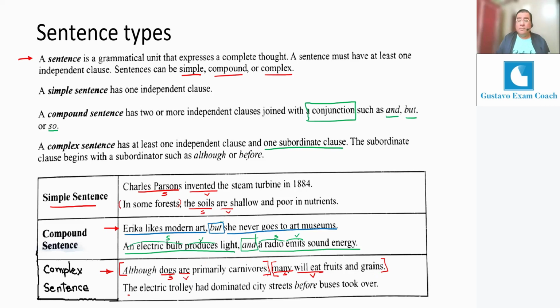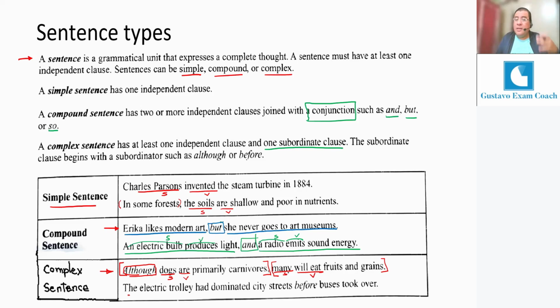But what's going on? In the initial clause, there is a word, although, before dogs. This word, we call it a subordinator, instantly helps us recognize that this is a subordinate clause. If you just say, "Although dogs are primarily carnivores," although calls for a kind of contrasting idea following what we just said.